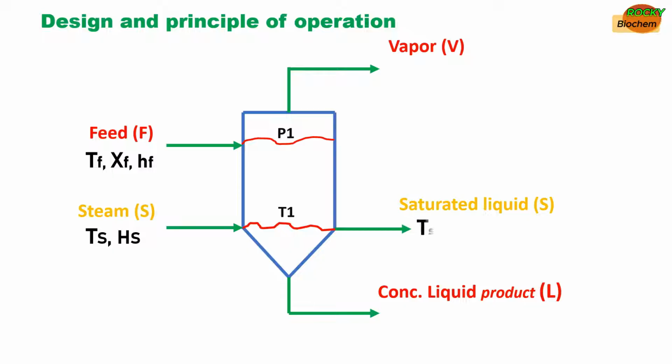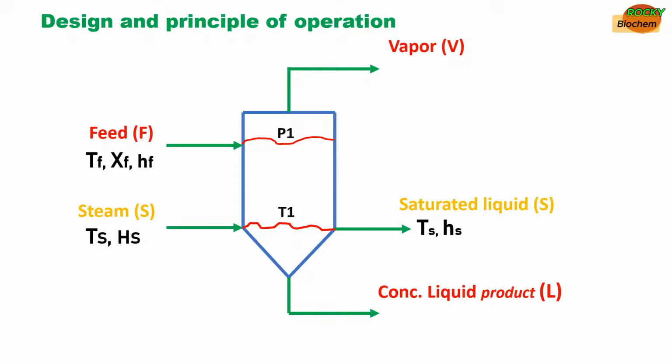And also the saturated liquid has its own temperature TS. Now, the temperature of the incoming steam is always equal to the temperature of the saturated liquid. This is because a change in temperature is not taking place, but a change of phase is. The steam is undergoing condensation at a particular temperature.